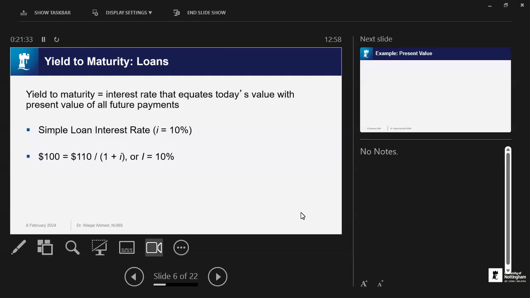So it's the interest rate or the required rate of return that equates today's value with the present value of all future cash flows.